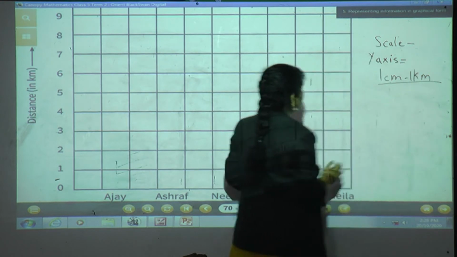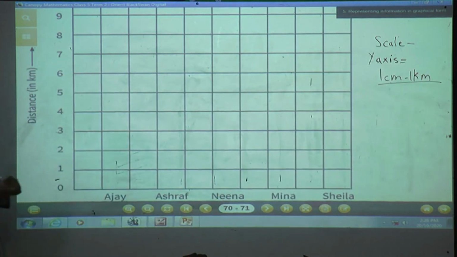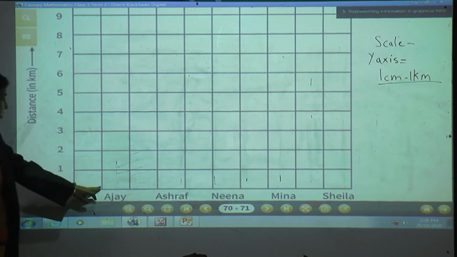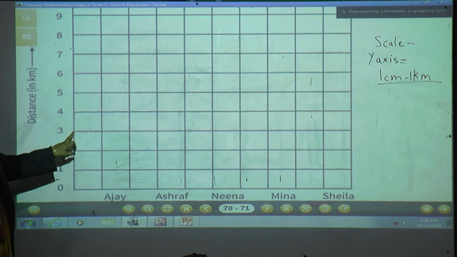Okay. So students, see Ajay. What is the distance to school from Ajay's home? It is 3 kilometers. So where is Ajay? Here, and the 3 kilometers also here.